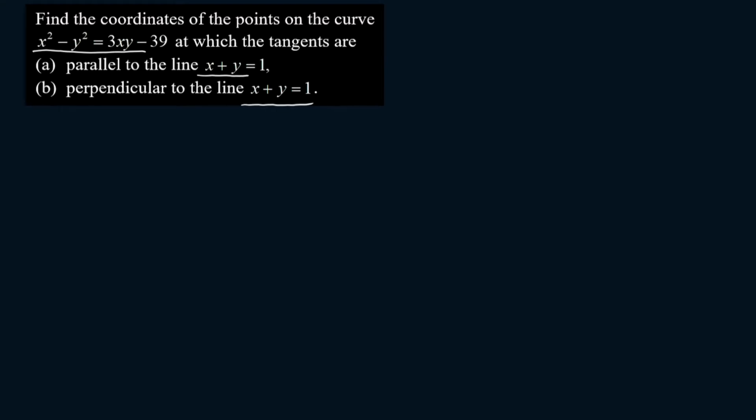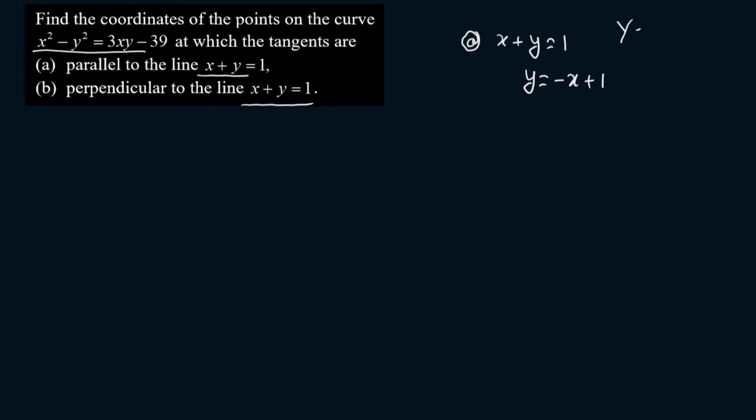If it is written parallel to this line, we first need to find the gradient of that line, then we can consider dy by dx equals that gradient. So for part A, we have x plus y equals 1. It means that we can make y the subject: y equals minus x plus 1.